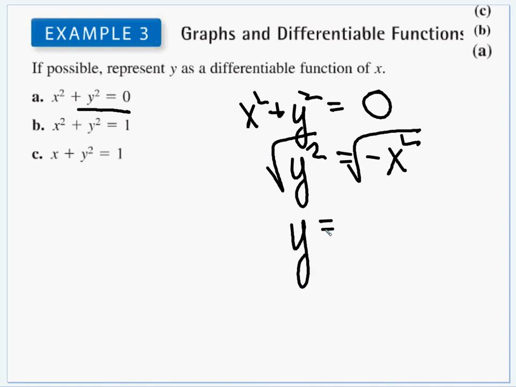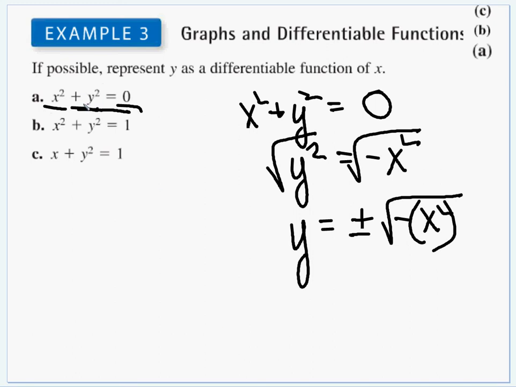So we would get y equals plus and minus the square root of some negative number. Notice that negative is not going to get squared away when we square x because it's negative quantity x squared. So here we're going to have no differentiable points. And if you think about it too, x squared plus y squared equals 0.